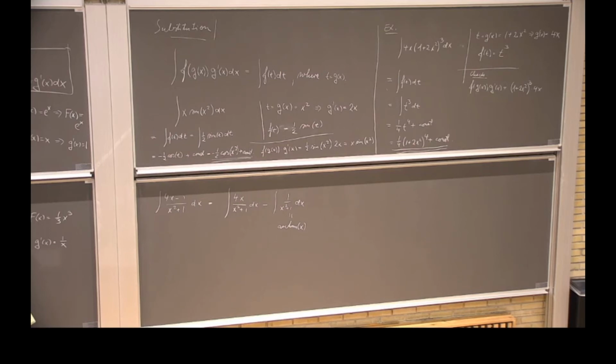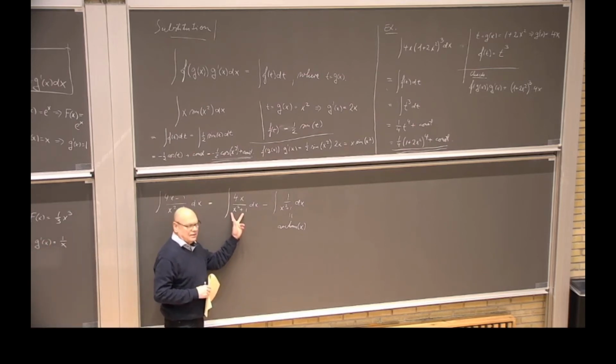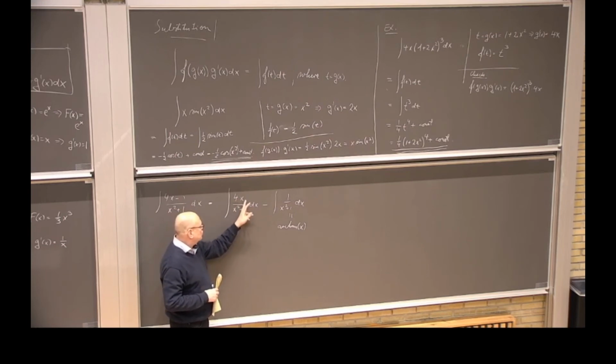Now, the other one here, sometimes it's difficult to see what is this composite function. But you see, you have this 1 divided by x squared plus 1. So if you choose the outer function as 1 divided by t, and then this as the inner function, that is a possibility.